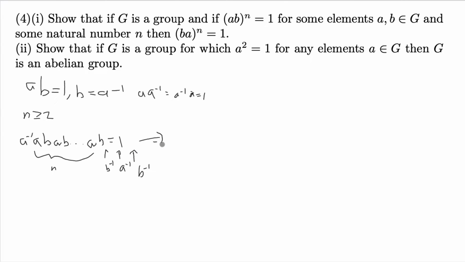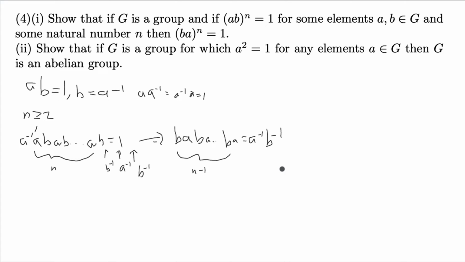This then implies that A inverse times A is just the identity element 1. So you have 1 times BA, all the way up to BA, times B inverse, which is another 1, with 1 being the identity. This just tells us we have (BA) n minus 1 times, and that's going to equal A inverse times the identity element times B inverse, which is just A inverse B inverse.